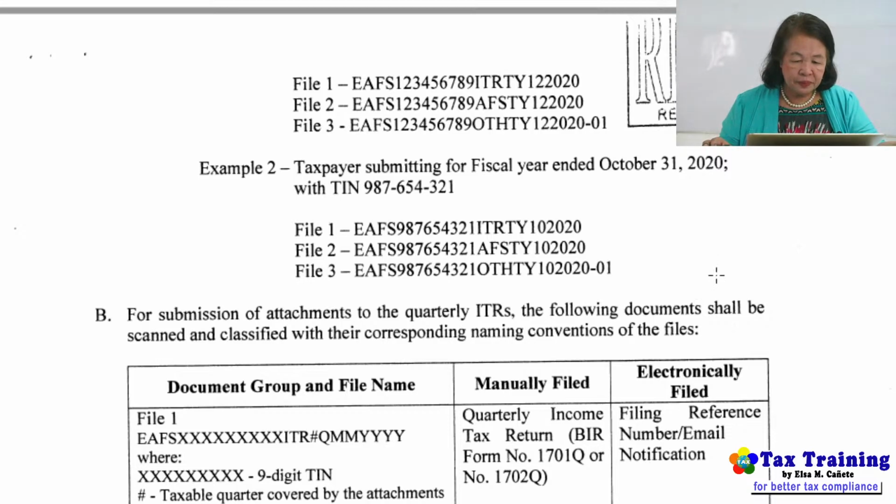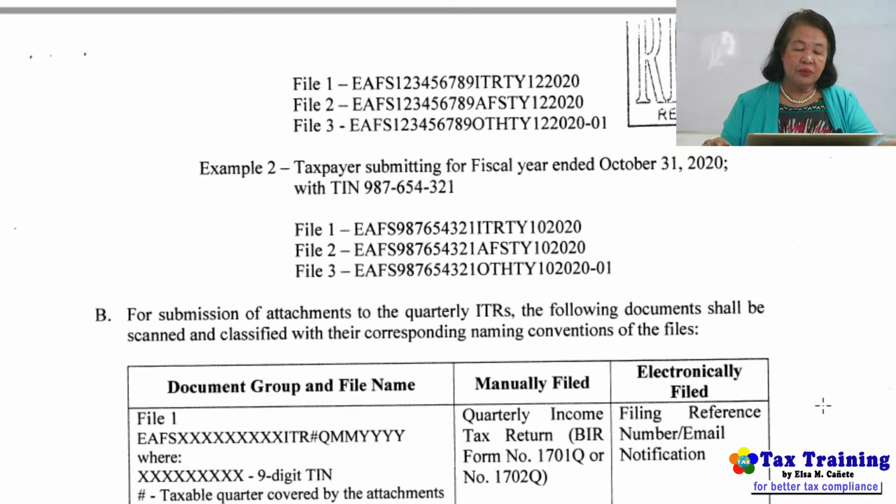So, for example, the taxpayer submitting fiscal year ended December 31, 2020, the TIN is 987654322. So his file is EAFS, since ITR is the example.